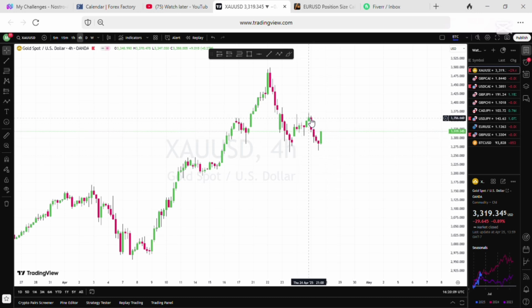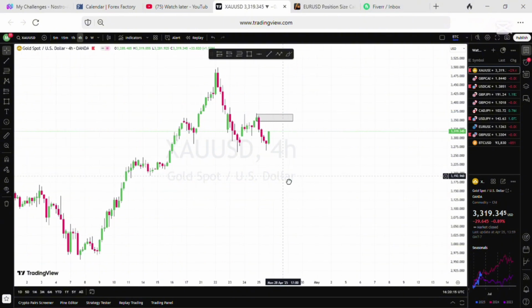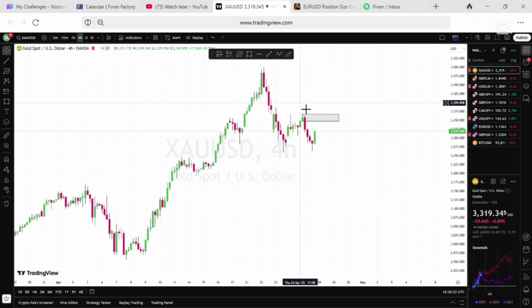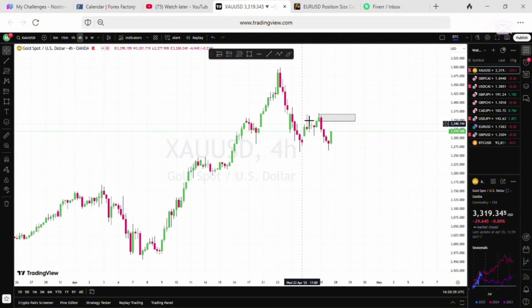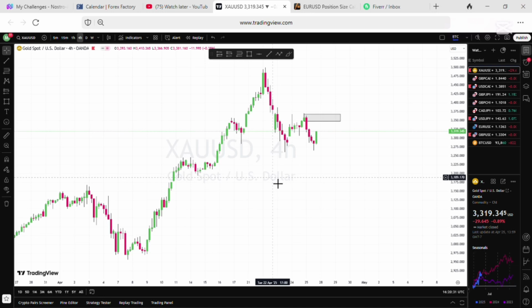This is a demand zone here, and price is, I think, surging up. We're expecting it to come back to this demand zone and maybe a sell or so. But according to the candlestick pattern, this is a head and shoulders, and it signifies a sell.